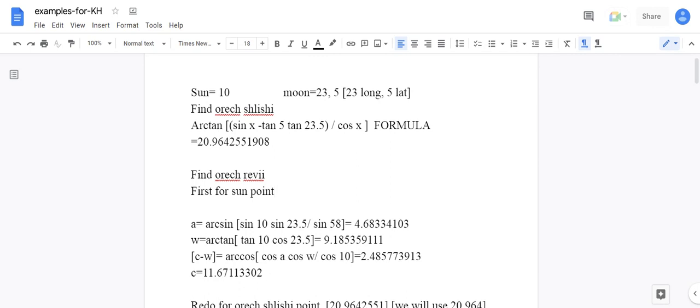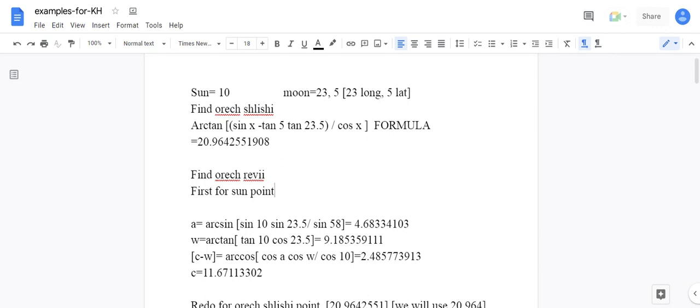Finally, C minus W. In order to get C, you have to add to the value of C minus W. You got to add W because you have to find C, not C minus W. So you add to 2.4857, you add 9.18, and finally you get 11.67.